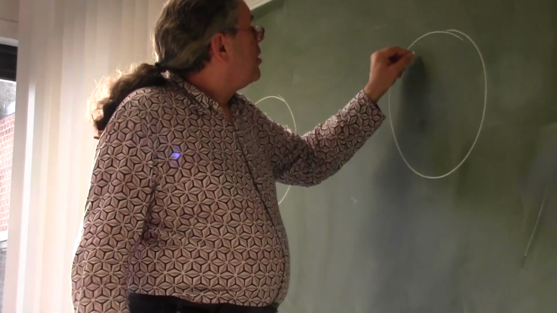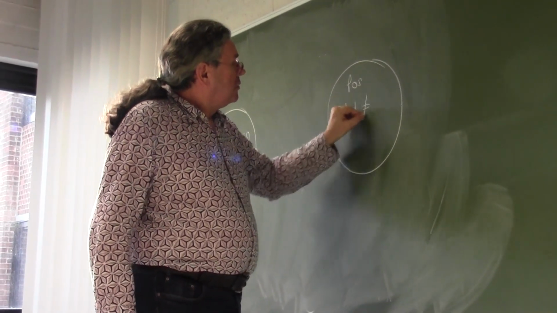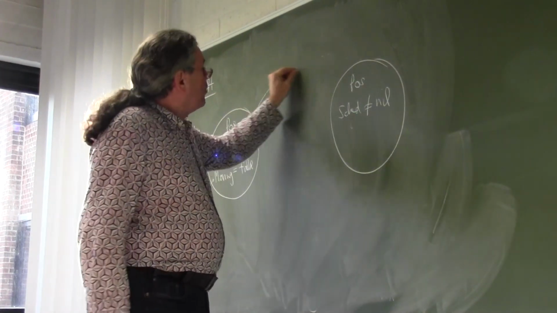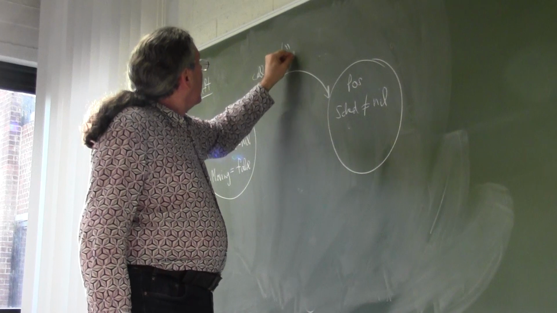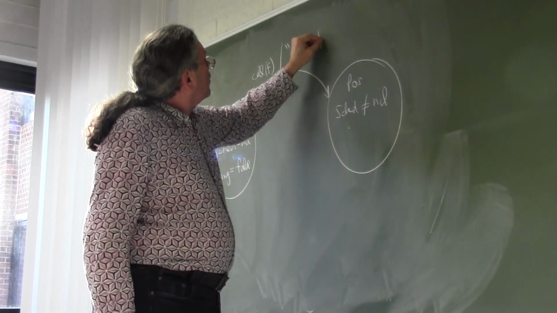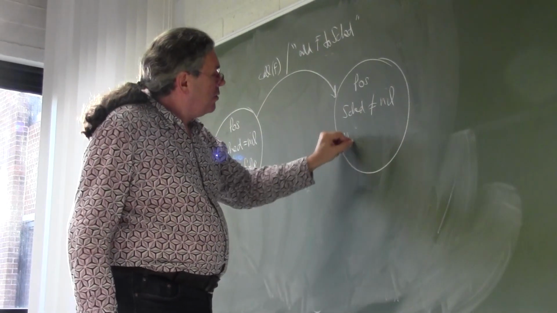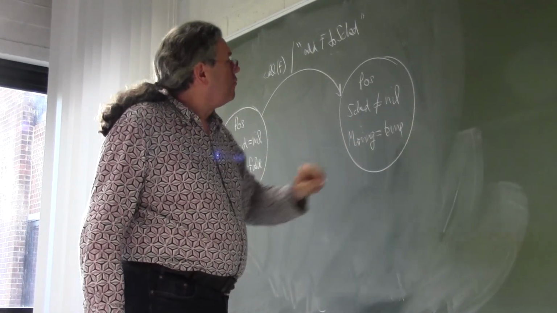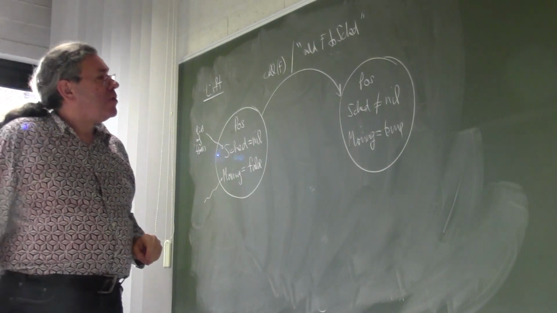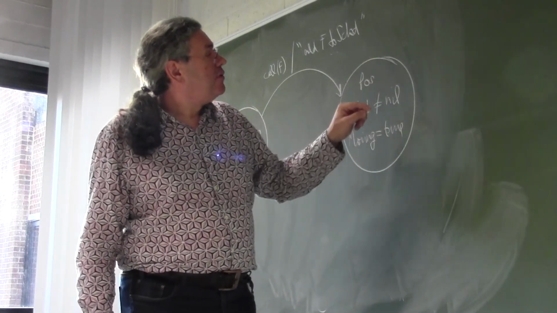So there's another state here. It's at a position, and the schedule is different from nil. For example, it has a call F, and here somehow I have to add F to the schedule. Let me just do it like this for now. And it's moving now. If the schedule is not nil, it has to be active, so it's moving. And what does it have to do? Well, it has to send a step message to the controller.